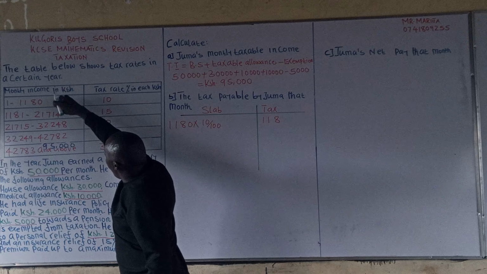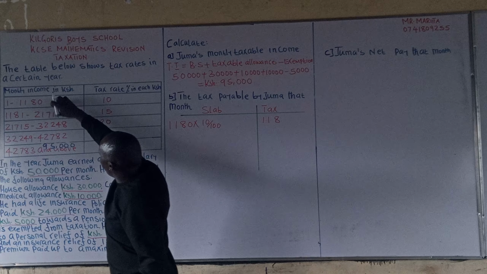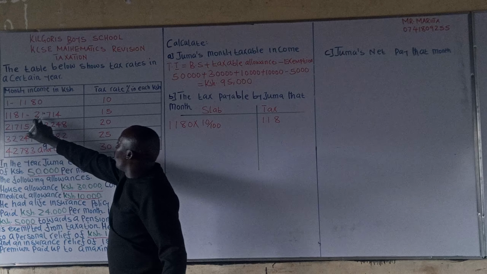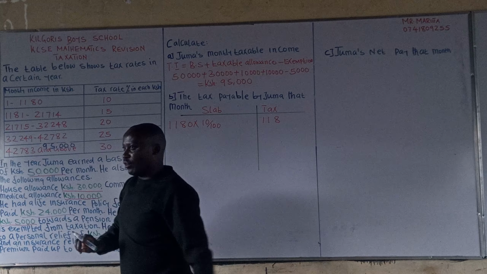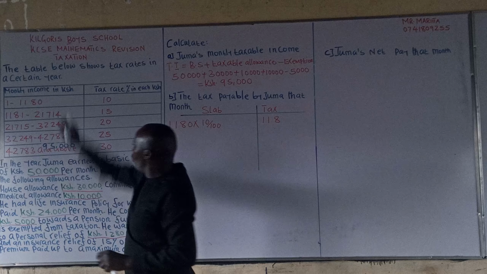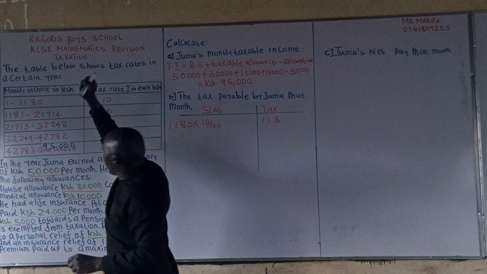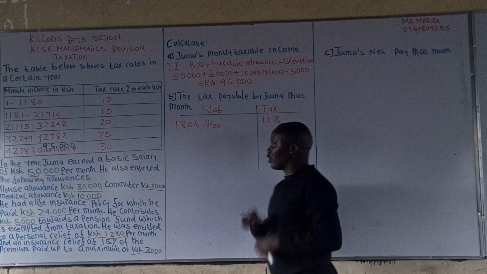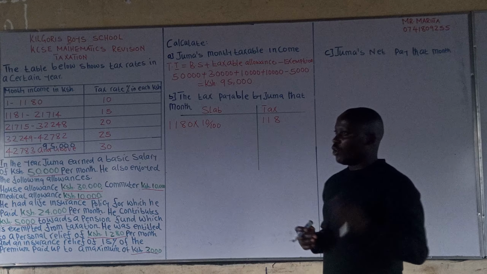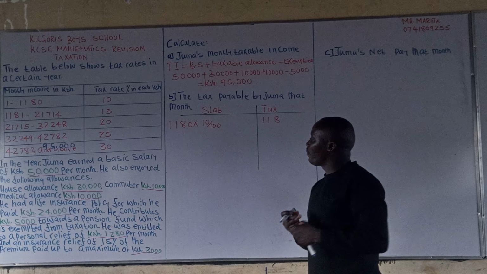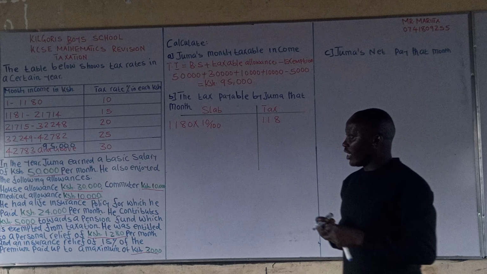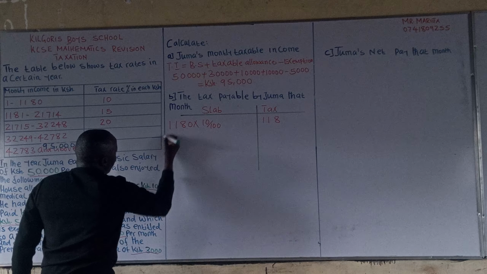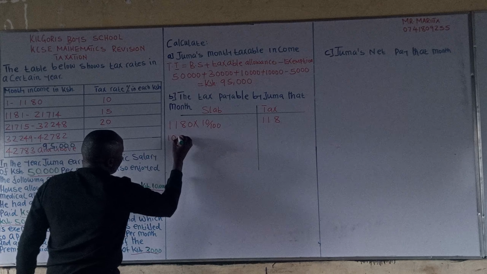The next band we have is 21,714. Here the difference between 1,180 and 21,714, you just subtract. So 21,714 minus 1,180 gives a value equivalent to 10,534.